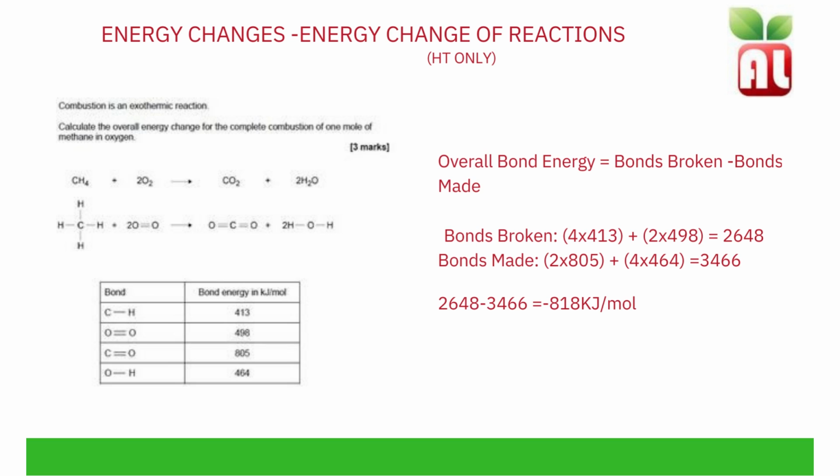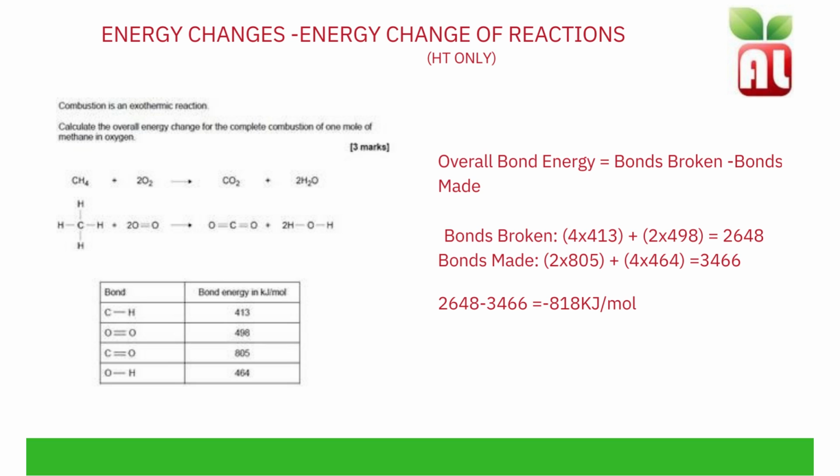This is because more energy is released when bonds are made versus a lower amount of energy required to break the bonds. As bond breaking requires energy, energy has to be absorbed from the surroundings, making bond breaking an endothermic process.